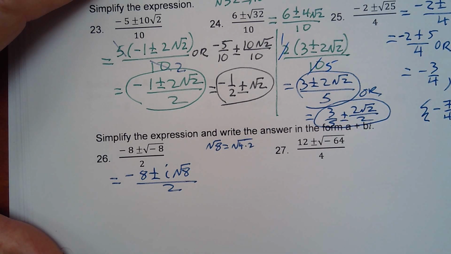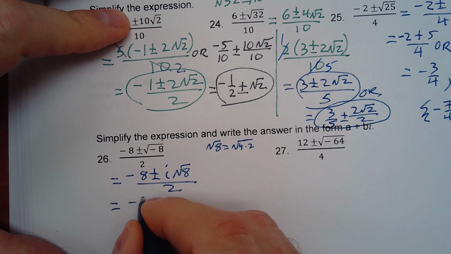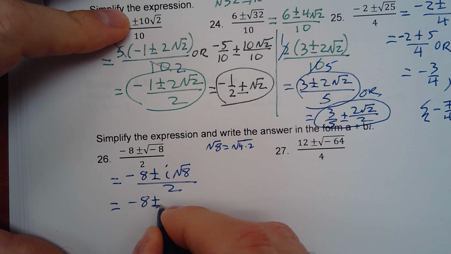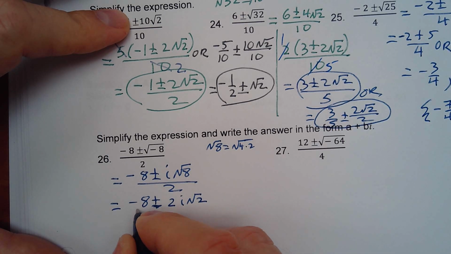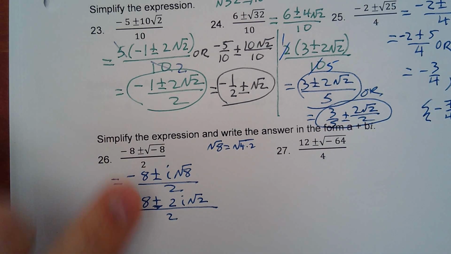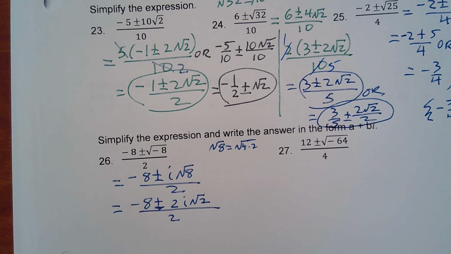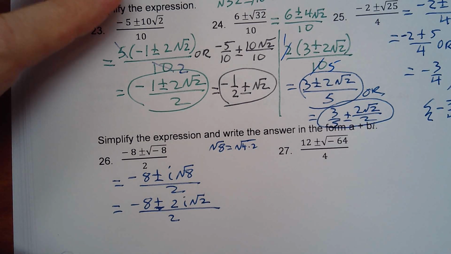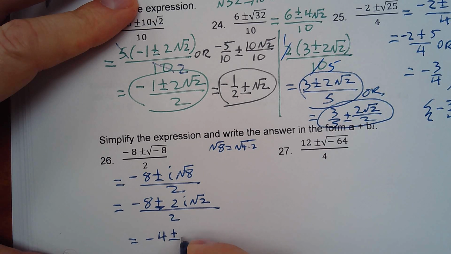Square root of 4 is 2, so I'll have a 2 in front and a 2 underneath the radical. And now I'm going to need to divide that 2 into each term because they want a plus bi. They want it separated. They don't want me to keep it as a fraction. So that gives me negative 4 plus or minus i square root of 2.